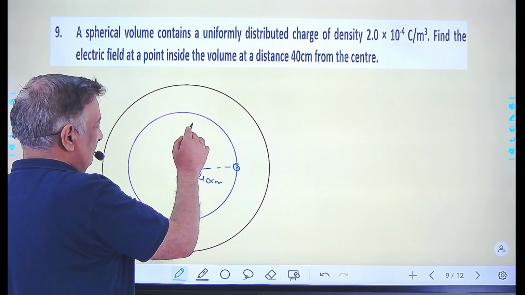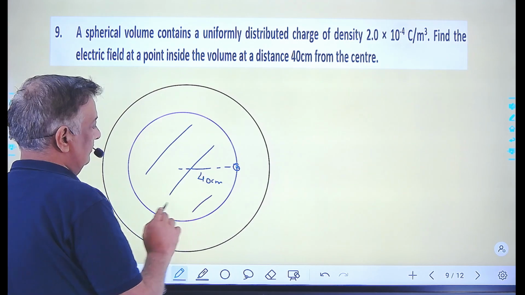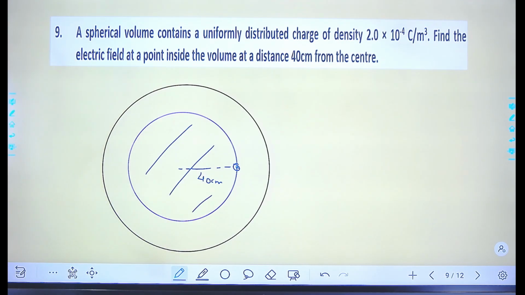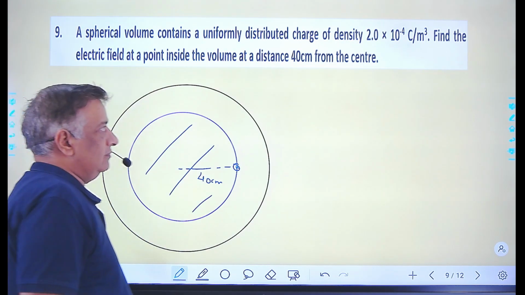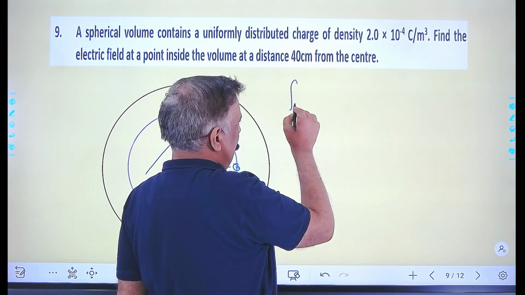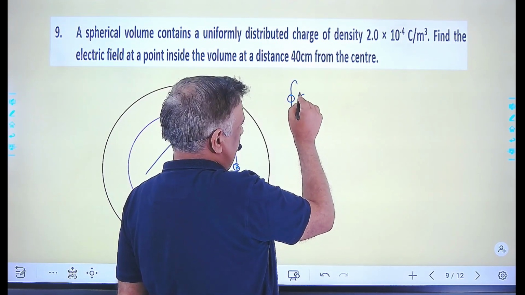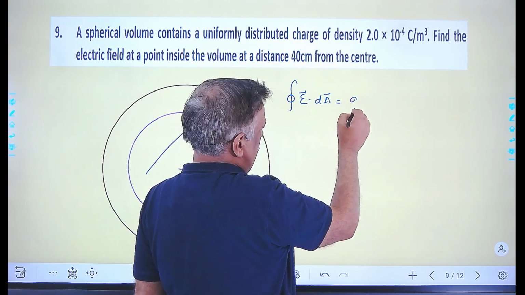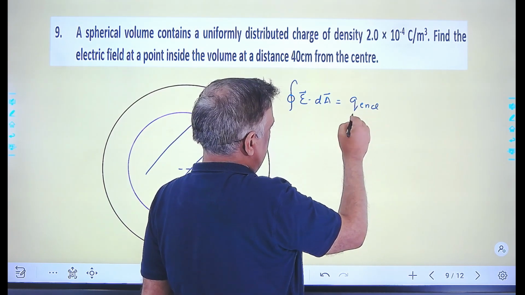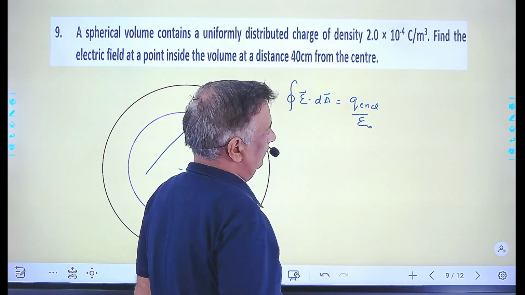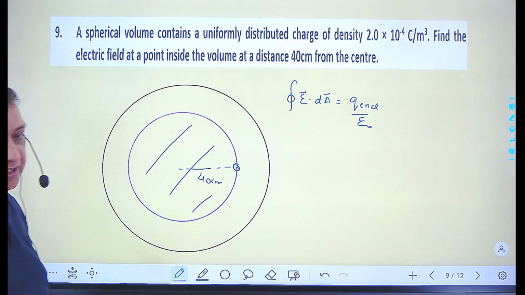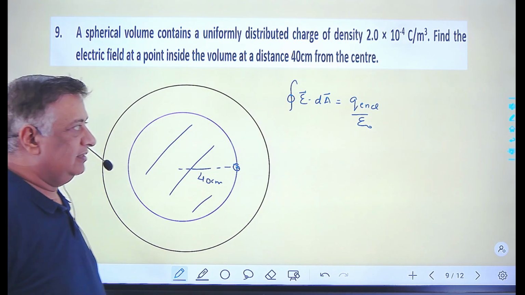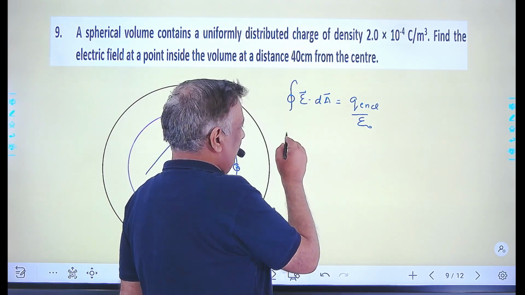ये हमारा गॉसियन सरफेस हो गया। Gauss law is integration of E dot ds is q enclosed upon epsilon naught.